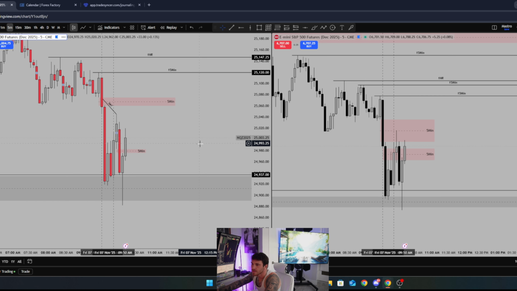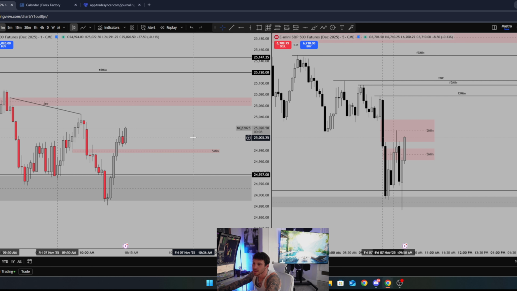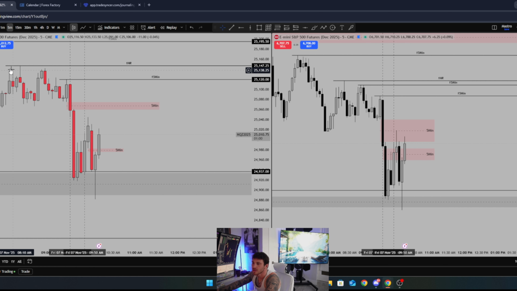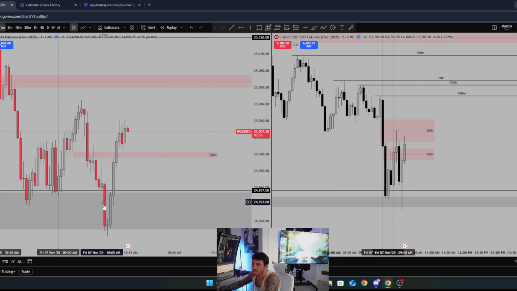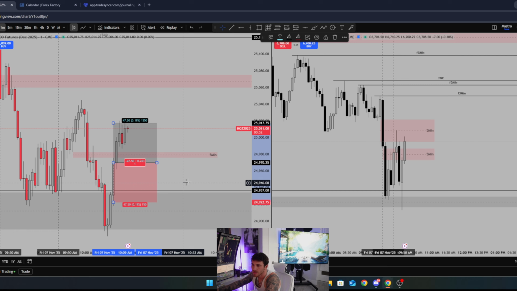Nope, nope. We wanted one more manipulation probably. Look at this. Manipulation leg inverse fair value gap. Bang. This could be a good entry right here.